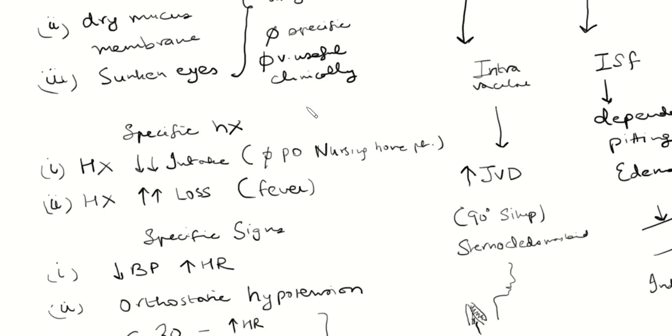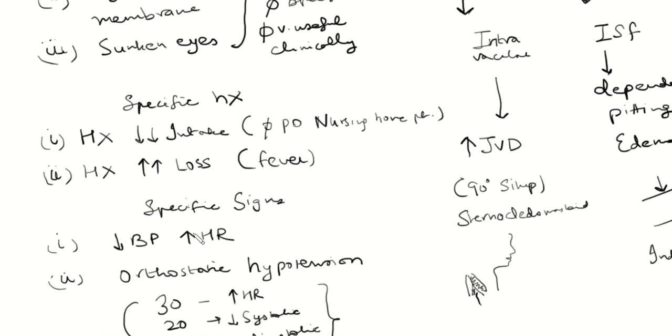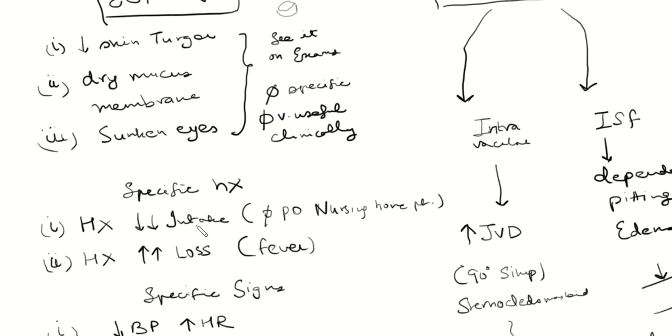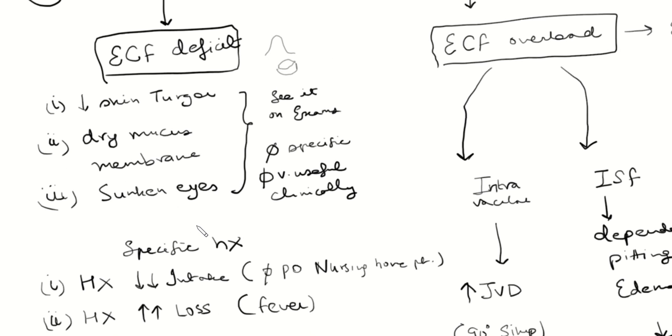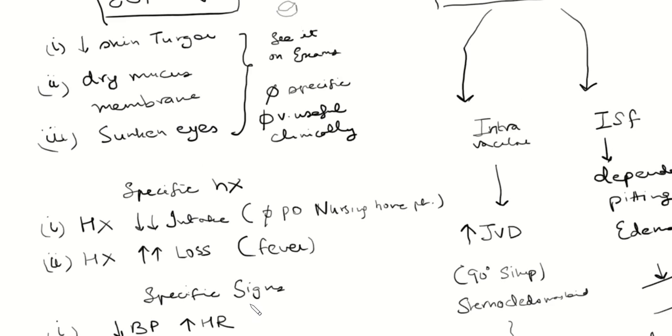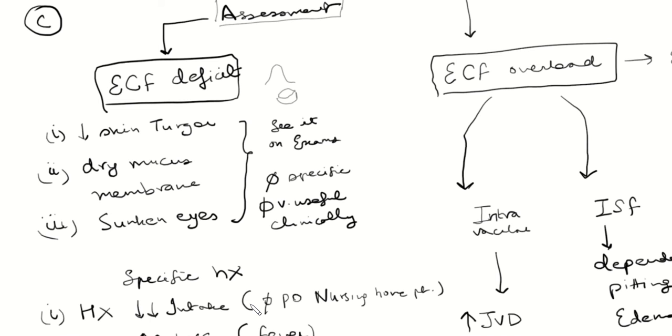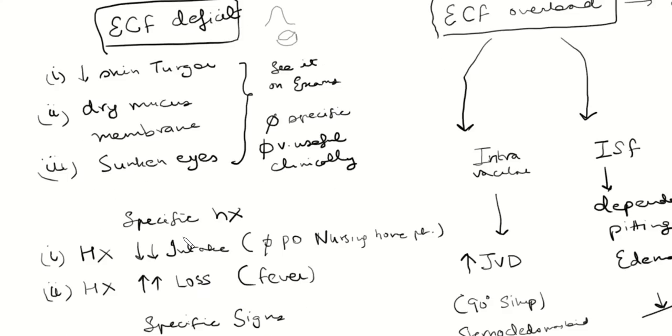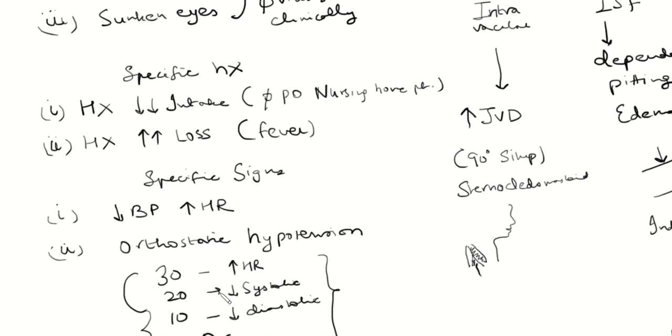Essentially, in the test questions, if you see these together, they're clustering and giving you what? Clinical thinking. If this is in the same room as this, they're giving you what? ECF deficit. In real life, these three are not as specific, but the specific history and specific signs, these two are specific for fluid volume deficit.